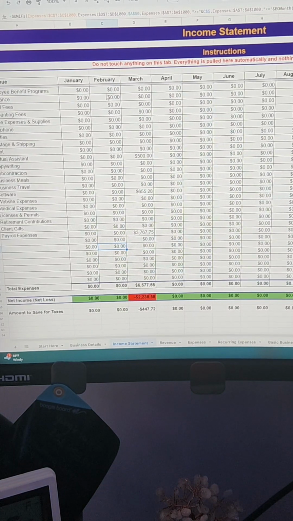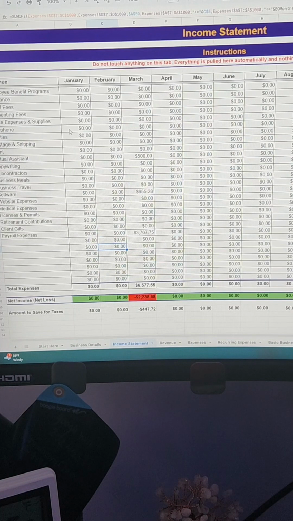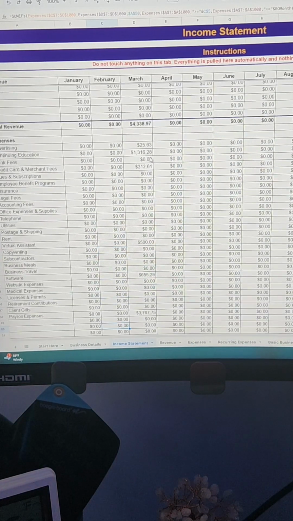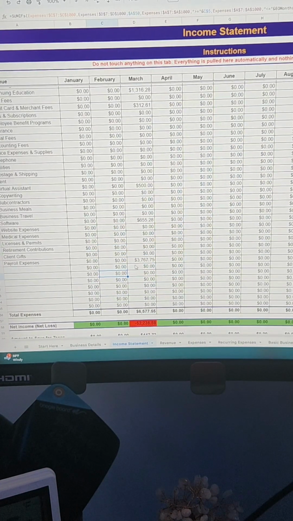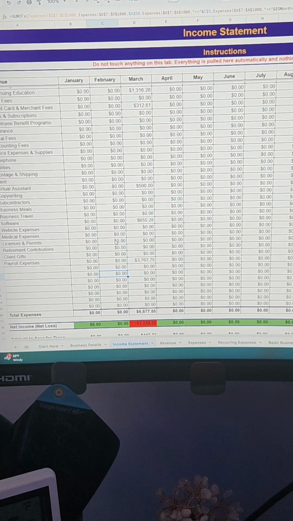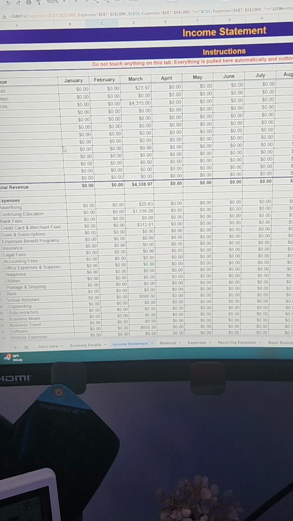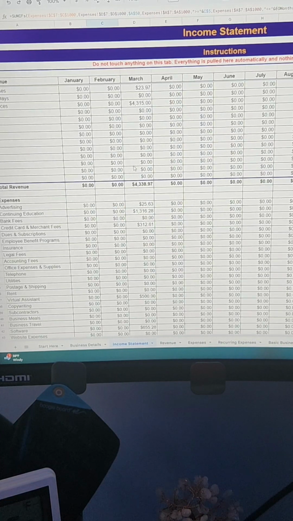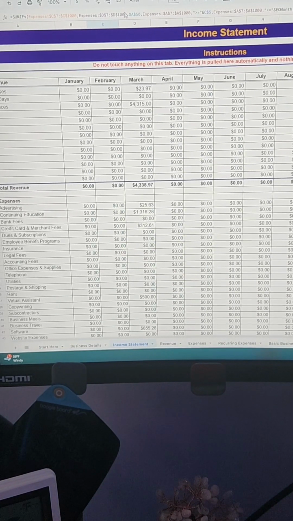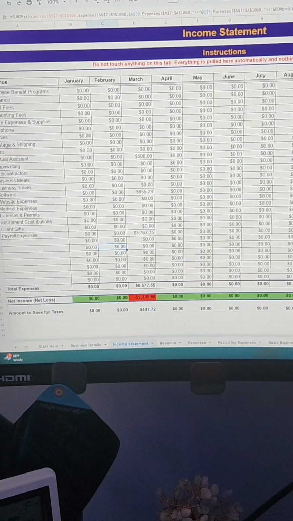So I probably had a really good February and January, which is why I paid myself that 3,700 this month, because I didn't pay myself as much, or I even made more money in these 2 months than I made in March. These are all things that you want to look at when you are looking at your financial statements.